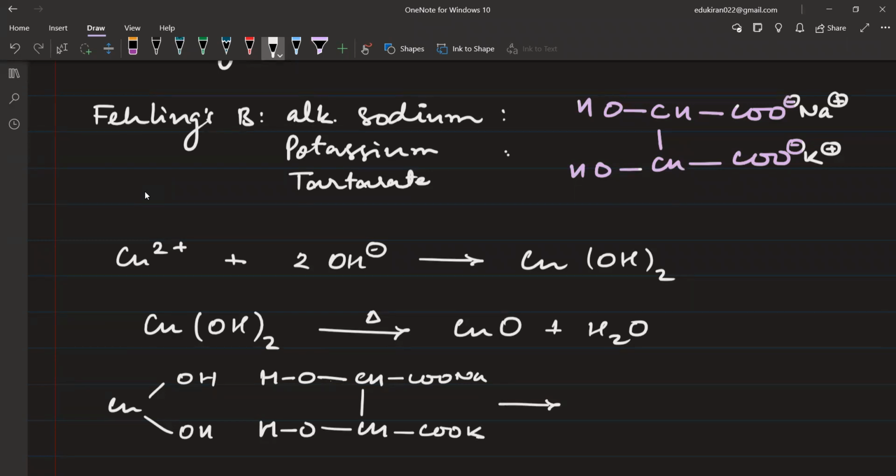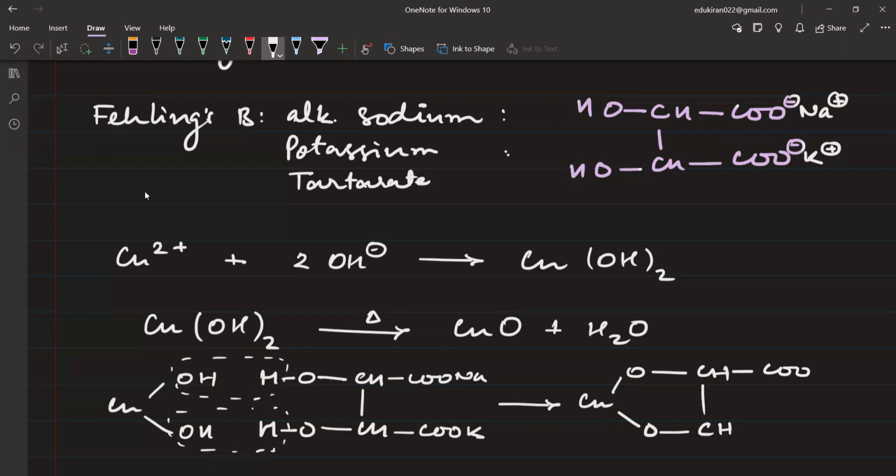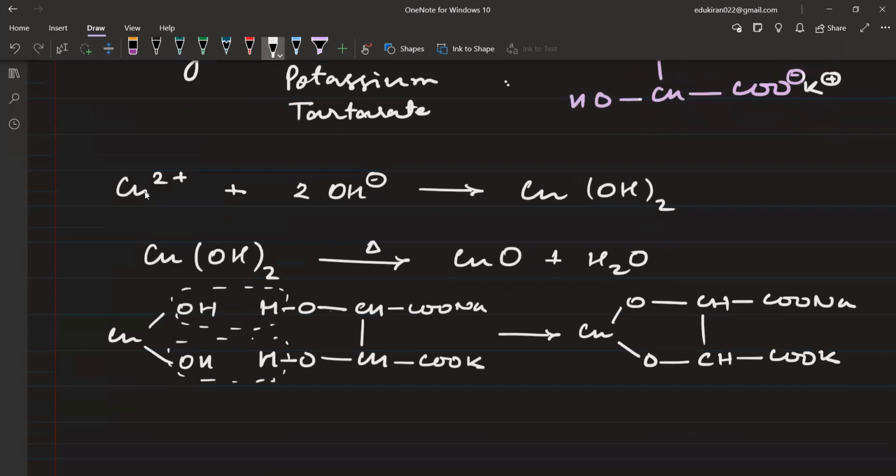This forms water like this, and this also forms water like this, and you get copper. This is oxygen, this is oxygen. CH, CH, and here you have COONa and COOK. Now, this is a deep blue color.